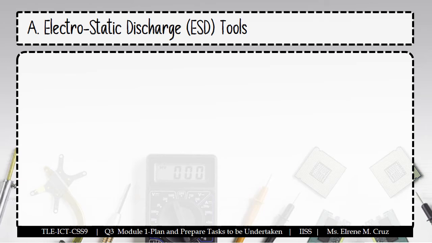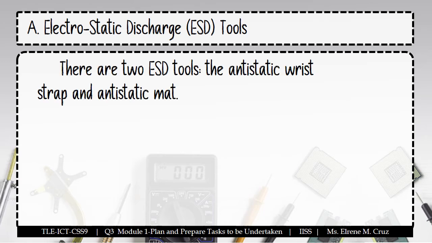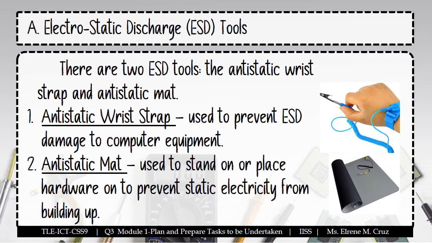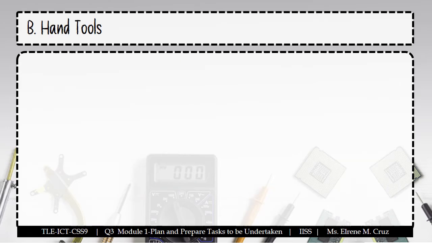These tools provide the most basic means for the controlled discharge of electrostatic electricity. There are 2 ESD tools. The first one is the anti-static wrist strap, which is used to prevent ESD damage to computer equipment. And the second one is the anti-static mat. It is used to stand on or place hardware on to prevent static electricity from building up.